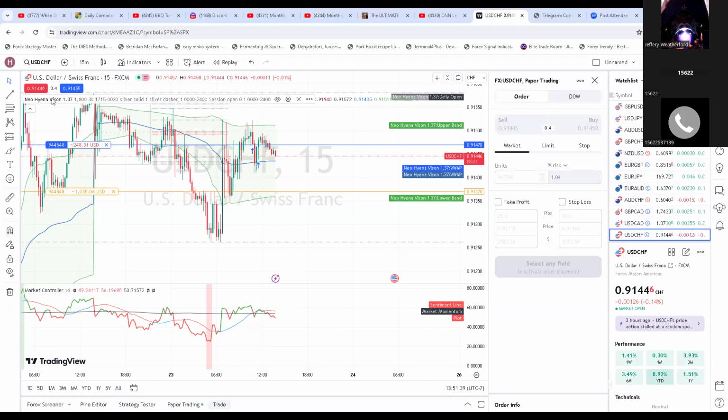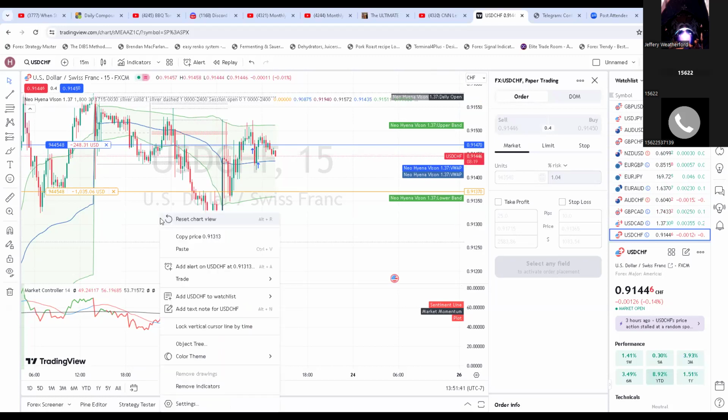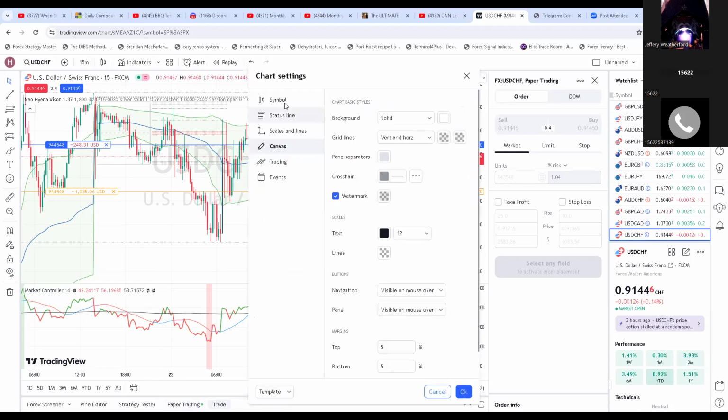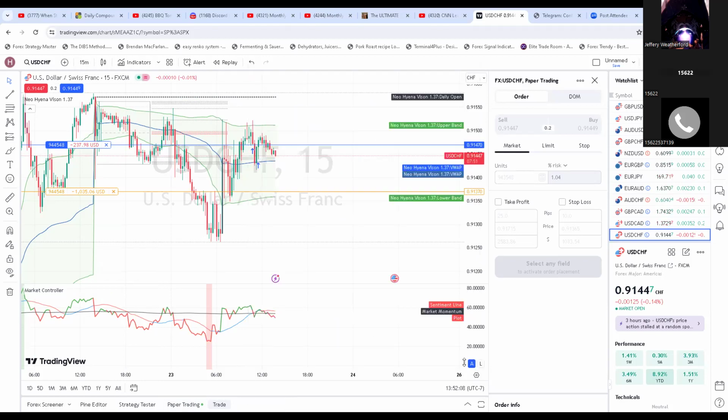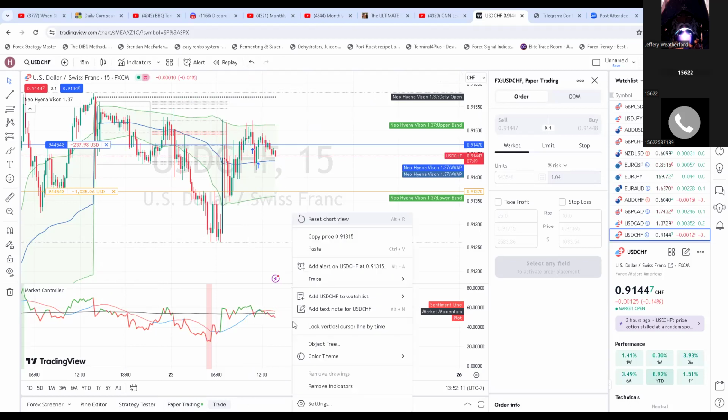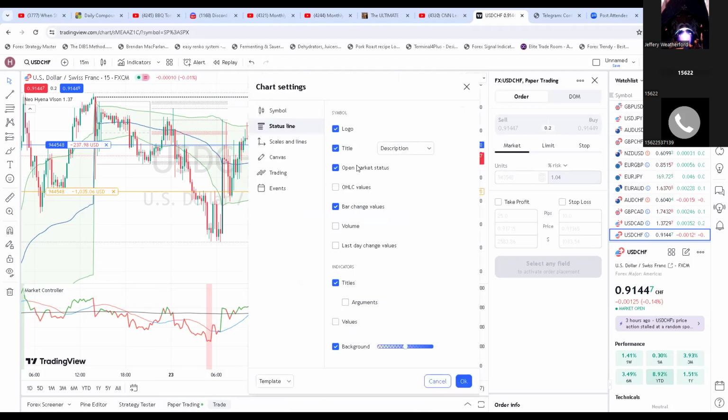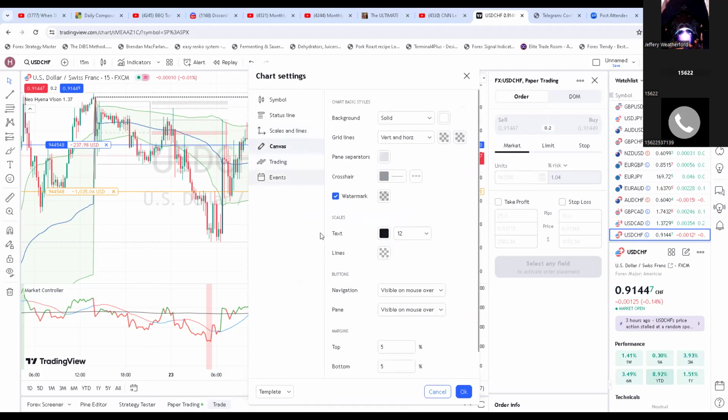Okay, I'm going to turn off the bar change argument. That should clear up a little bit of space. You don't have all those numbers on your screen now. You don't want the watermark, I don't think. Most people don't want the watermark in the background.